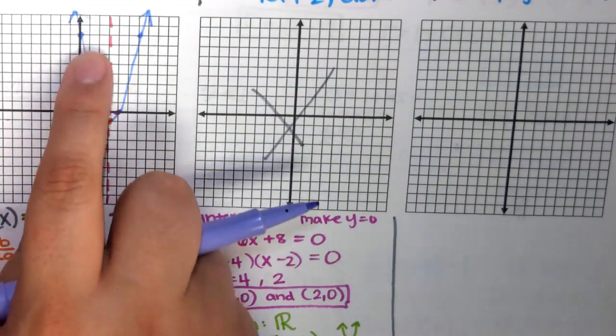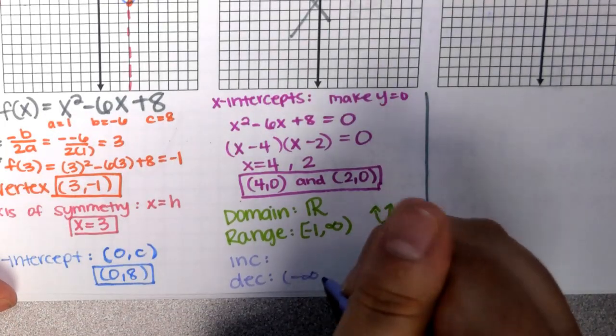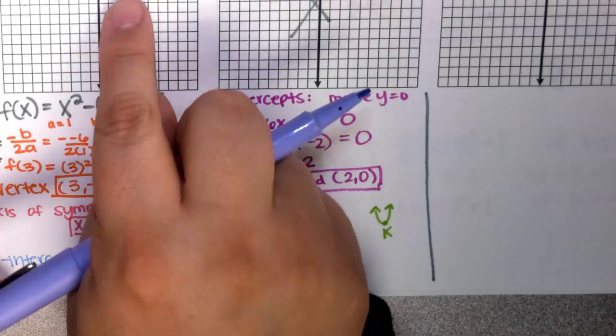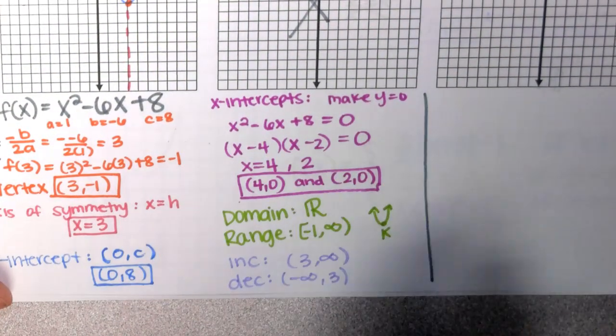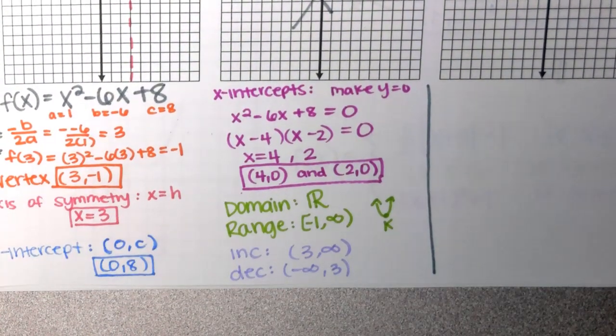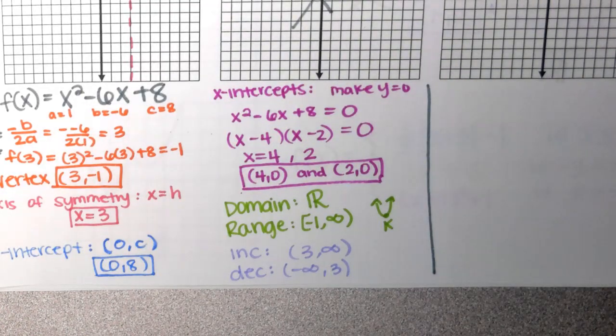Negative infinity to 3, what is it doing? Decreasing. And what is it doing from 3 to infinity? Increasing. Remember, increasing and decreasing should only have parentheses. No brackets on increasing or decreasing.